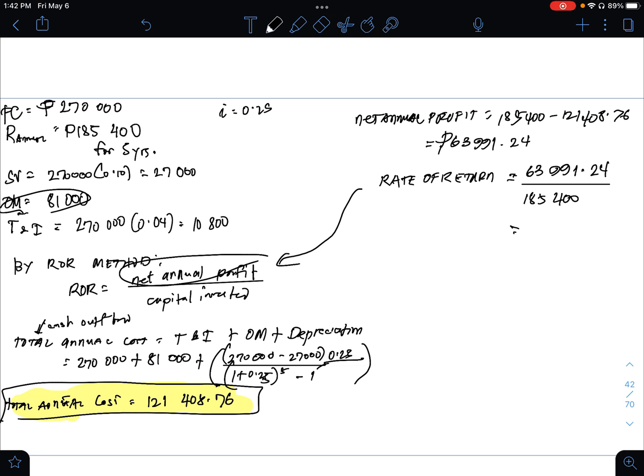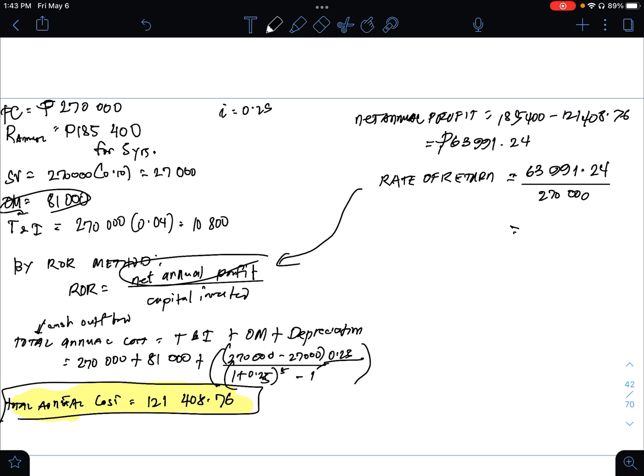Ay, capital invested man di ay. Sorry. 185,000 ang invested nato is the first cost, which is bakit ganito? 270,000 po pala.